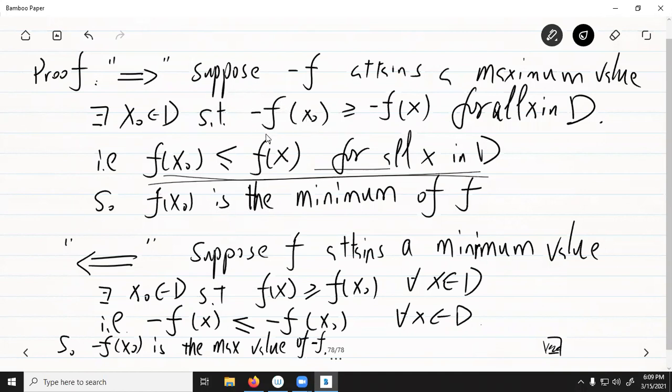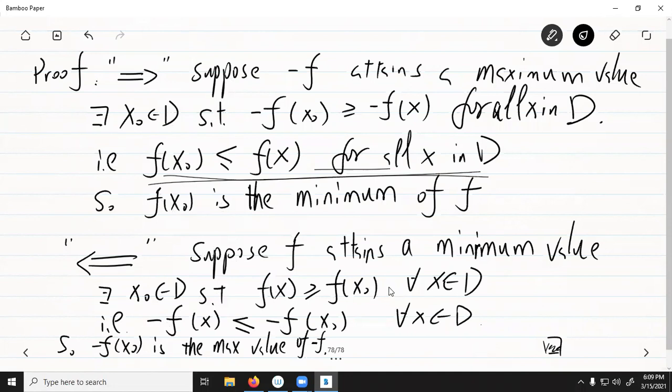At x0, negative f would be the maximum, and f would be the minimum. The same thing for this one, almost exactly the same. Here we start from f, but we need negative f, so we just multiply -1 on both sides. Nothing special, right?